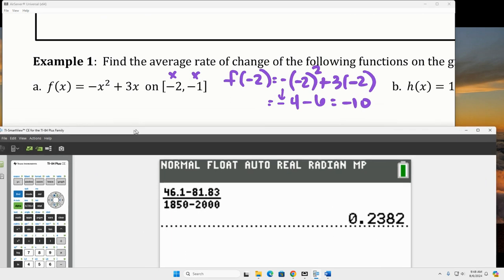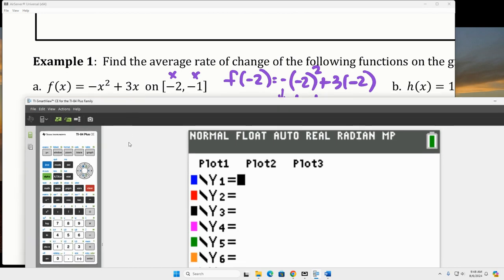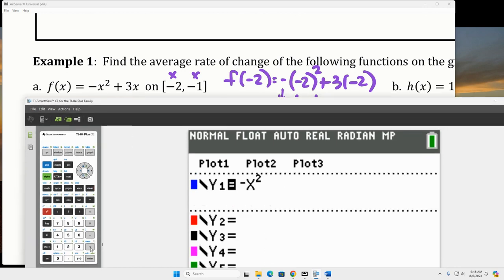So what we're going to do is put that function into the calculator. You can grab one if you don't have one.